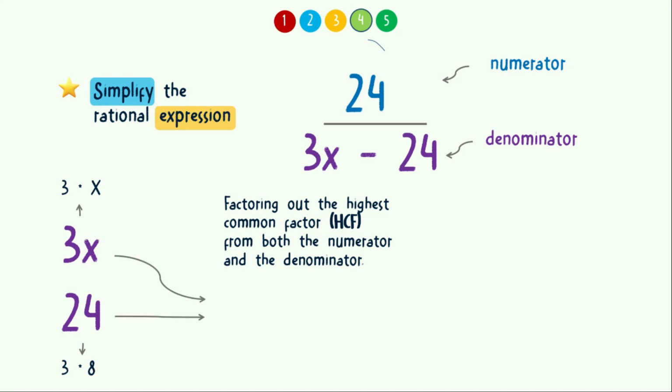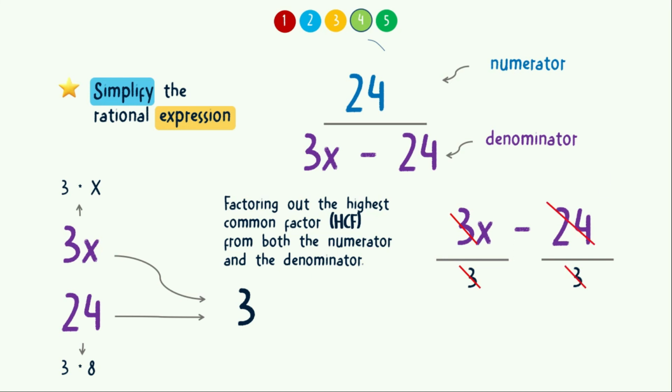So the common factor in 3x and 24 here is 3, you understand. So we are trying to factor out the numerator right here. The numerator is 3x minus 24, and since we have 3 as the common factor, we divide the 3x and 24 by 3, and we cross out this 3. If we cross out 3 and 24, that will give us 8, you understand.